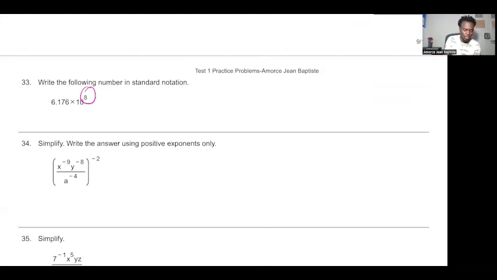So that means 1, 2, 3. 3 times I moved it, but I still have 8 moves. So I still have 5 moves left, right? And no more numbers. Well, I'm going to put zeros for the remaining moves. So that's going to be 6,176. And then the rest, 5 zeros, I add them after the number.